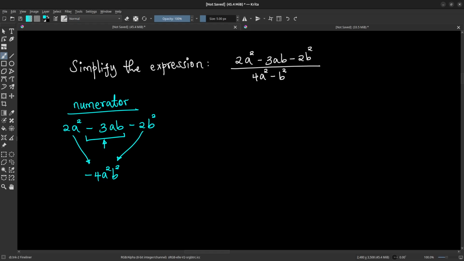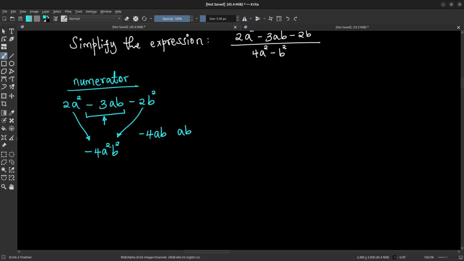So for this case, the two terms are going to be 4ab and ab, and the negative is on the first term, so that when we multiply negative 4ab times ab, that gives us negative 4a squared b squared, and when we add negative 4ab and ab, we get negative 3ab.